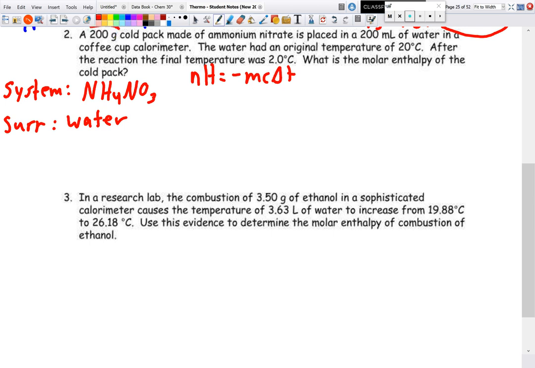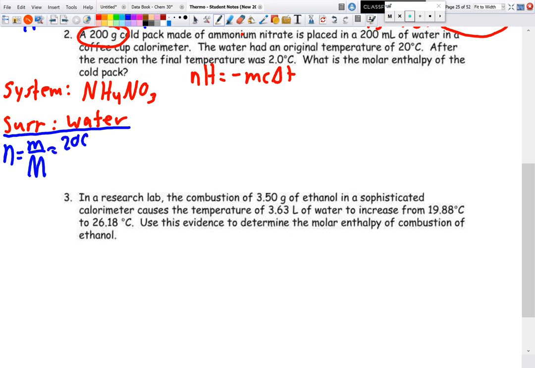Now we have 200 grams of our cold pack. Remember, the cold pack of ammonium nitrate is our system, so I need that 200 grams to solve for the number of moles, which I'm going to do off on the side right here. So number of moles is equal to mass over molar mass.